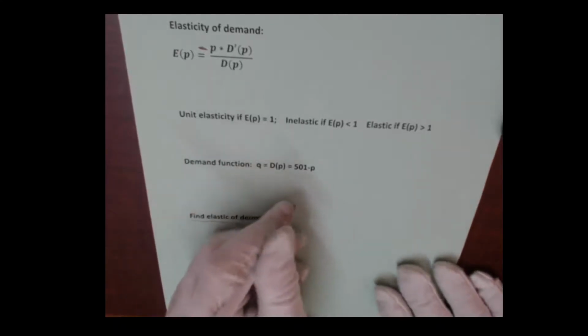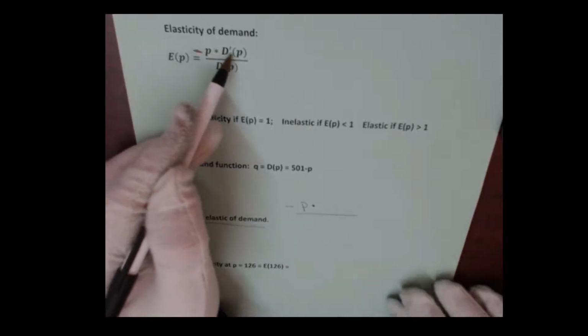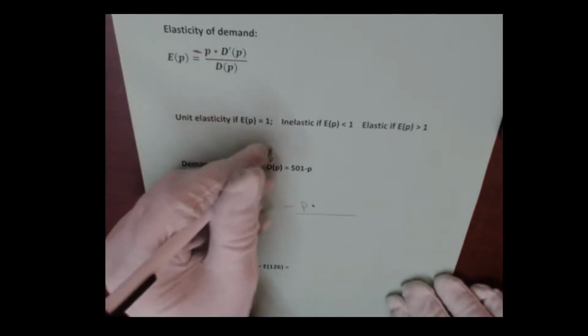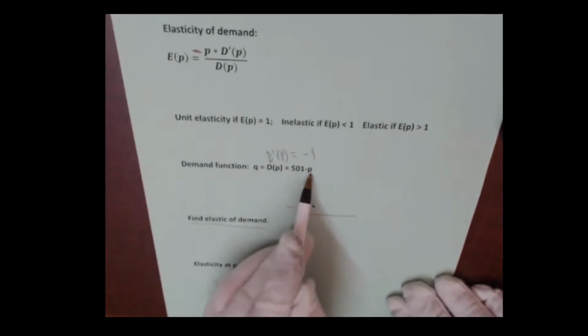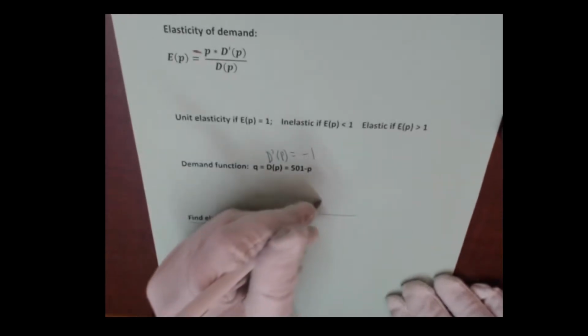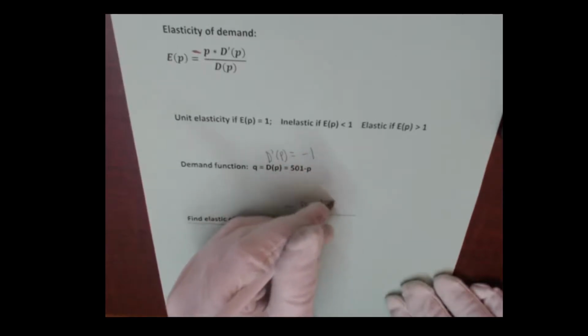Well, first off, we need that negative sign that I forgot up top. Then we need our variable p, so negative p just came from the formula. The derivative is the next thing we need. D prime of p is going to equal just -1, because the 501 goes away, and the derivative of negative p is just -1.